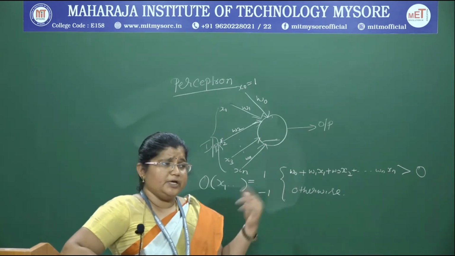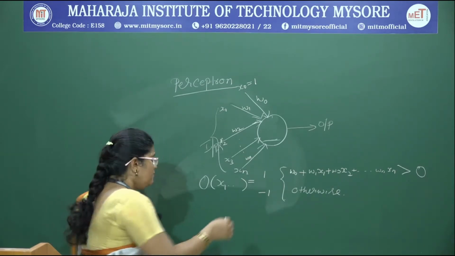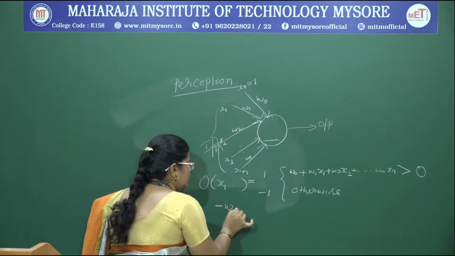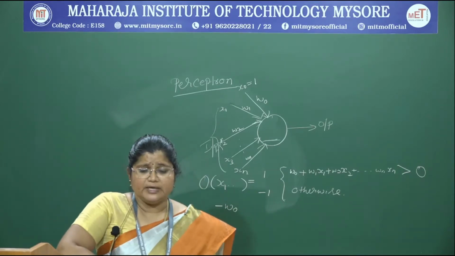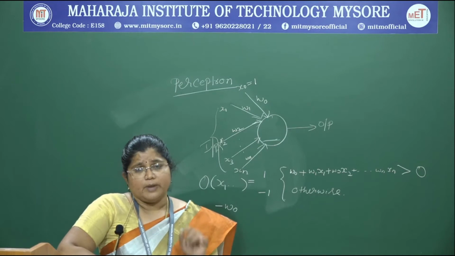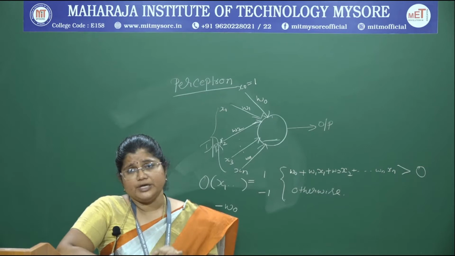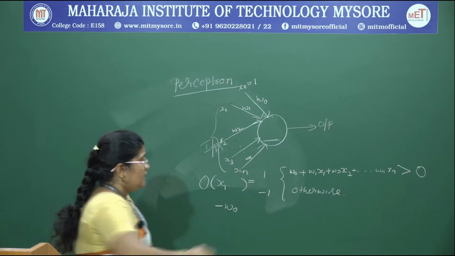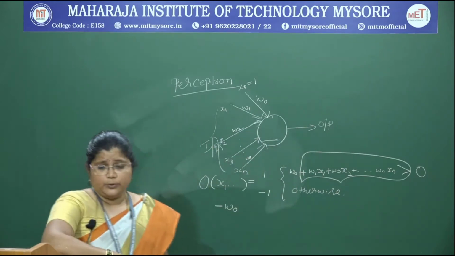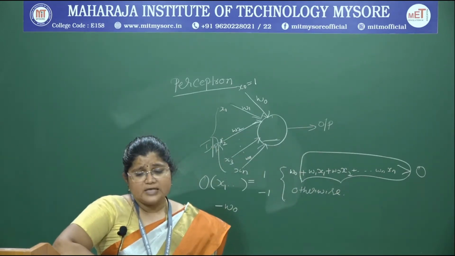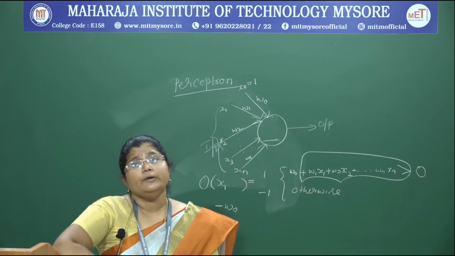When it comes to this particular part, many times we will consider -W0. -W0 is a threshold that the weighted combination of the remaining inputs must surpass in order for the perceptron to output a 1.